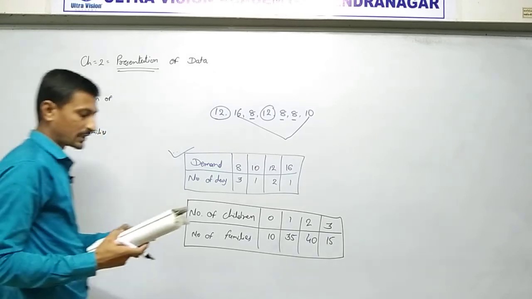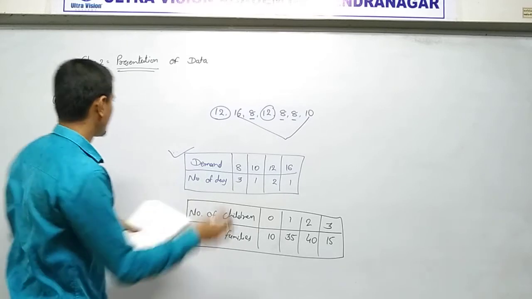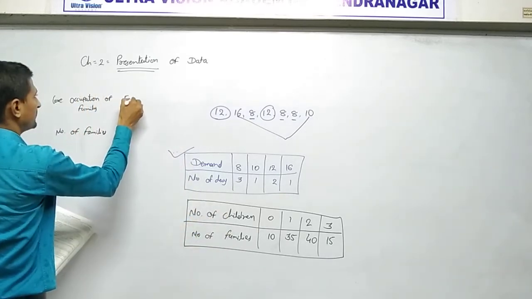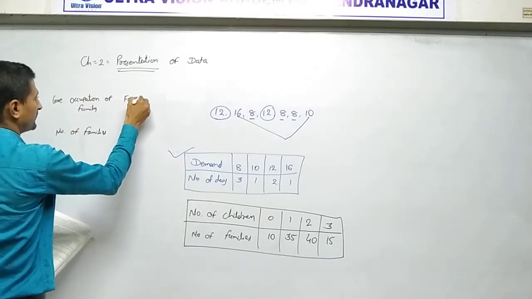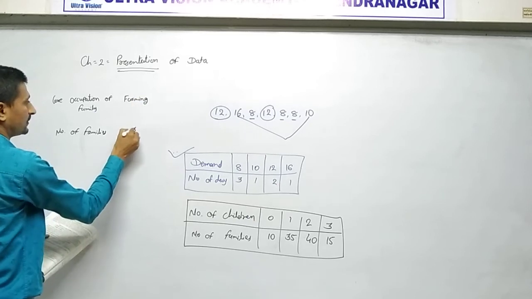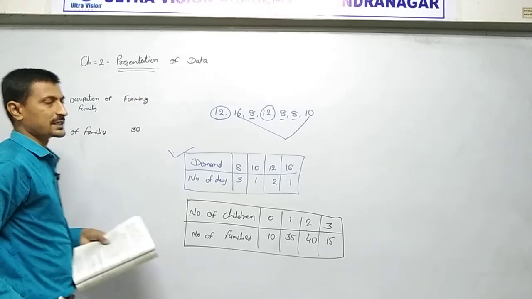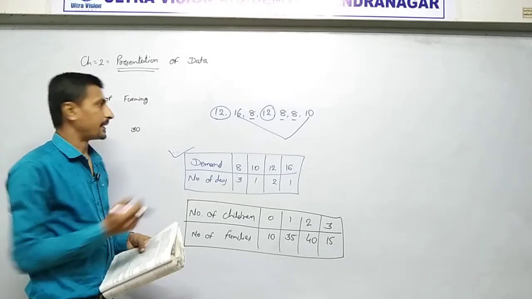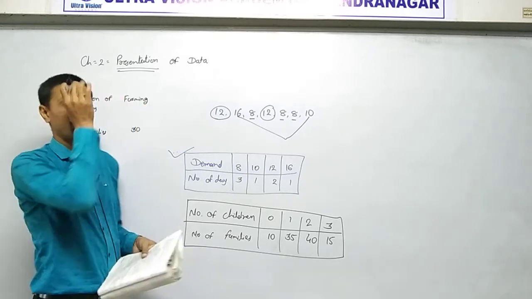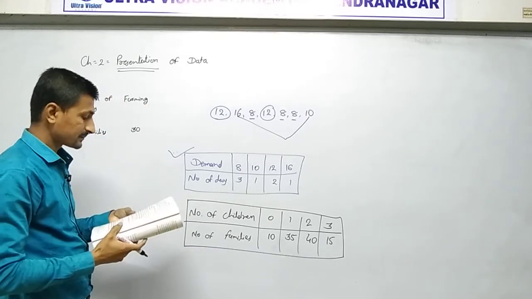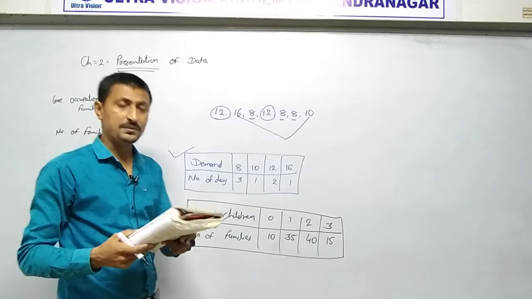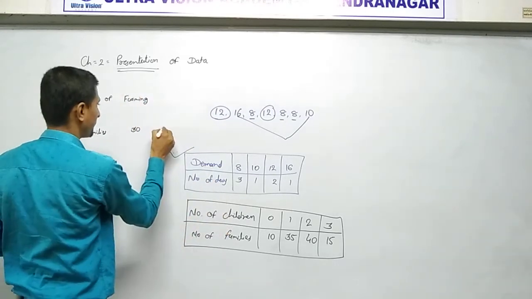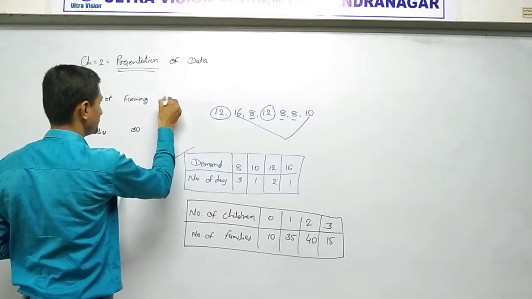So 30 families have farming, and the occupation of 25 families is business.